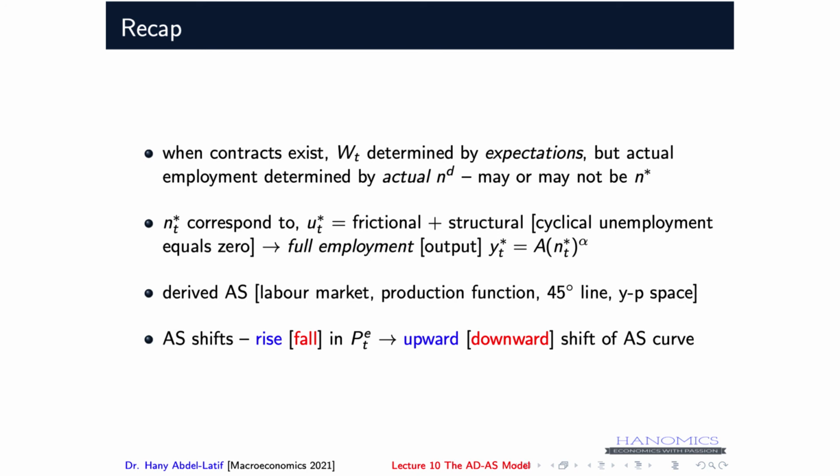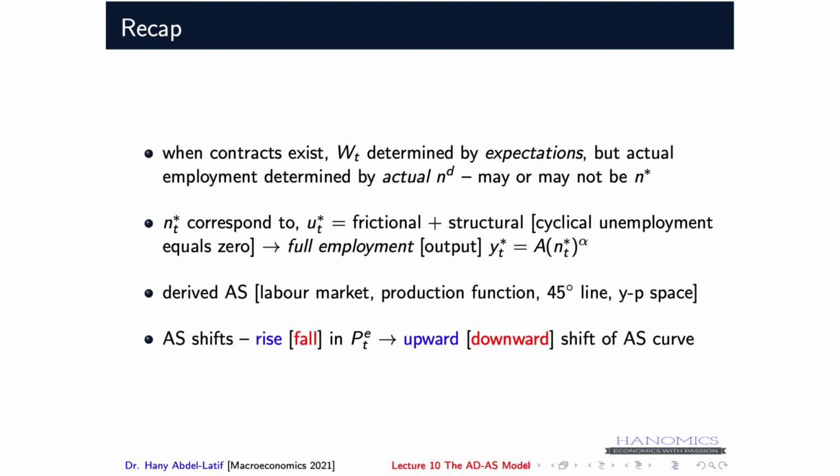And one more thing we discussed again is what we mean by this natural rate of employment. It corresponds to what we called earlier the natural rate of unemployment, which is the sum of two types of unemployment: frictional unemployment and structural unemployment. Frictional unemployment is when people move between jobs, and there's some time in between that they spend unemployed, looking for jobs.